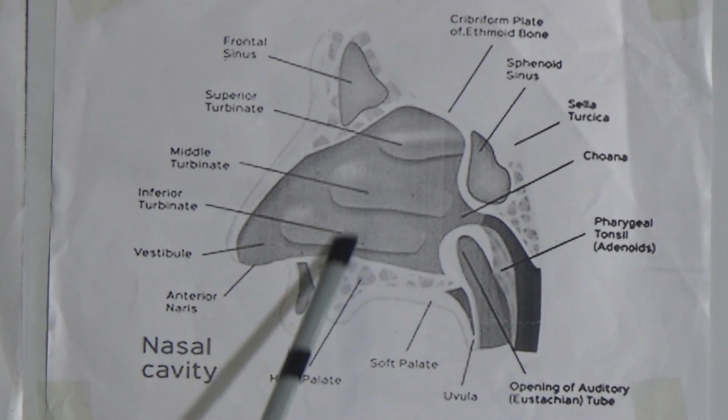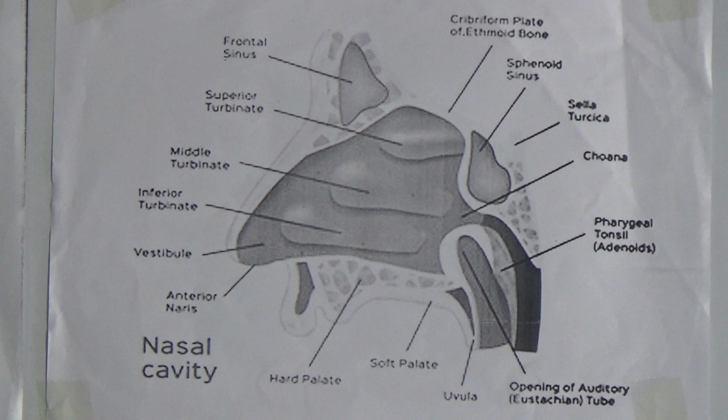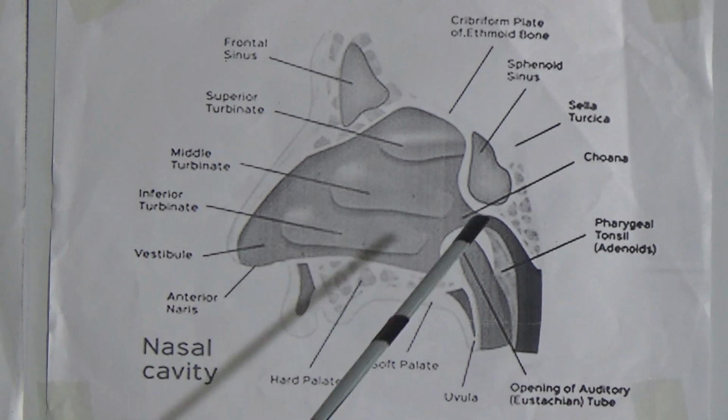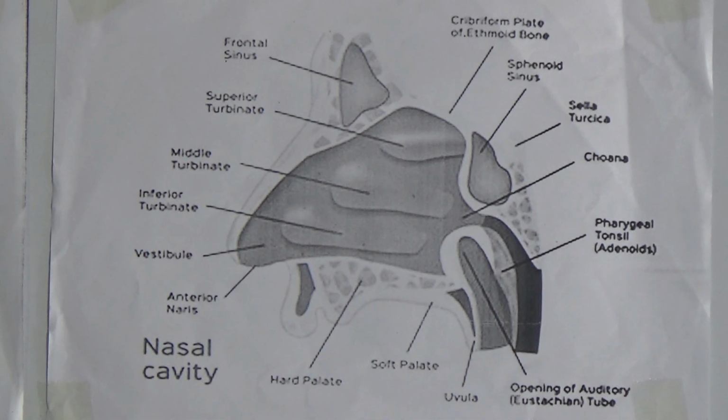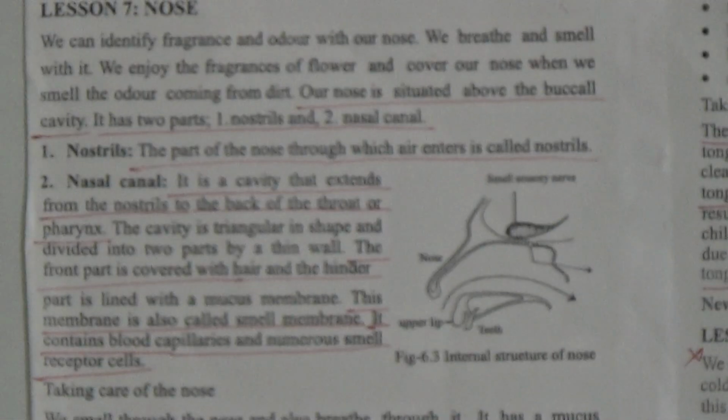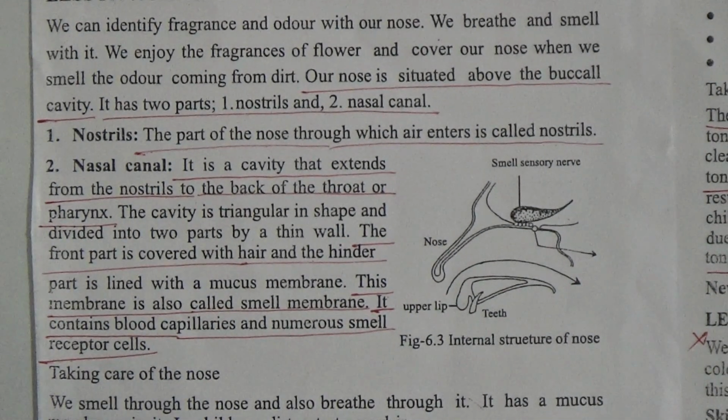These nasal canals are again divided by a thin wall, and the name of this thin wall is smell wall, and this first part is covered with small hair, and the last part of this nasal canal is covered with the mucous membrane, and this membrane is also called smell membrane. And in this membrane there are lots of blood capillaries and numerous smell receptor cells.